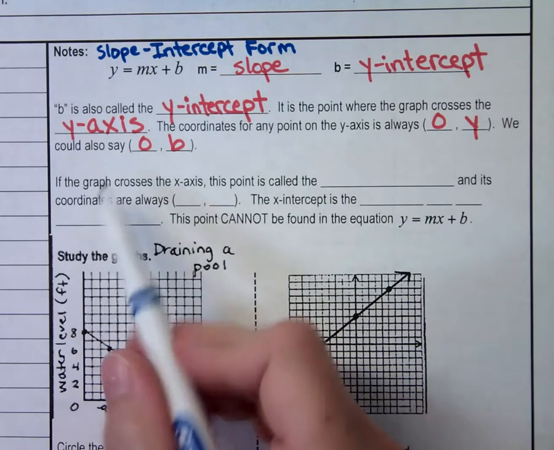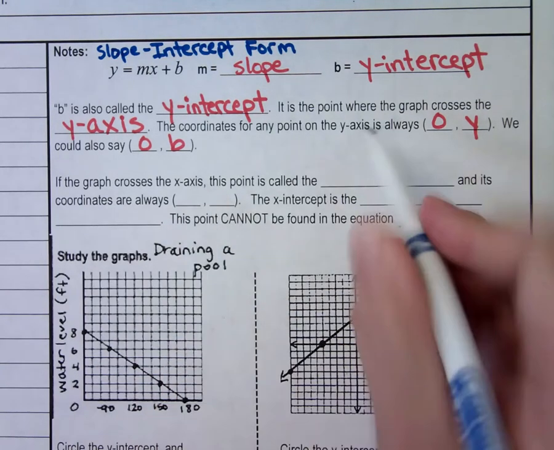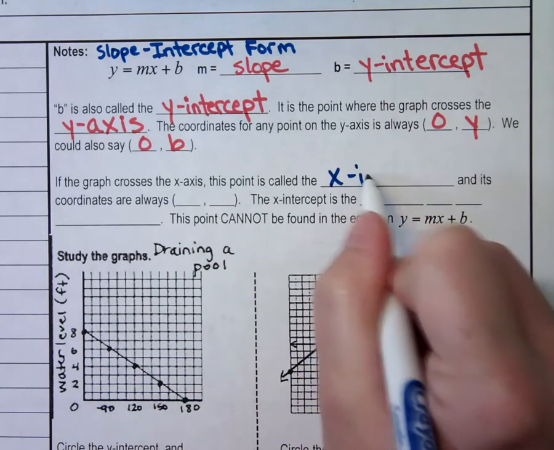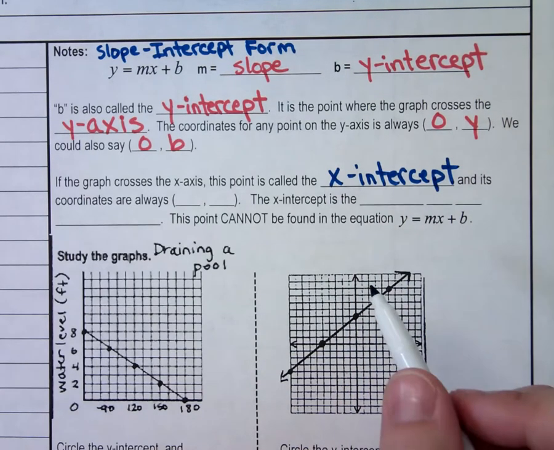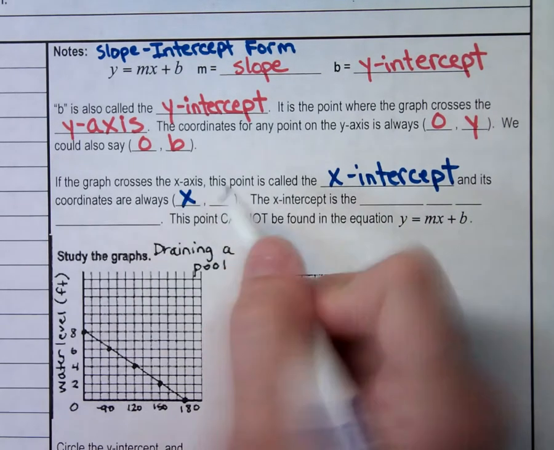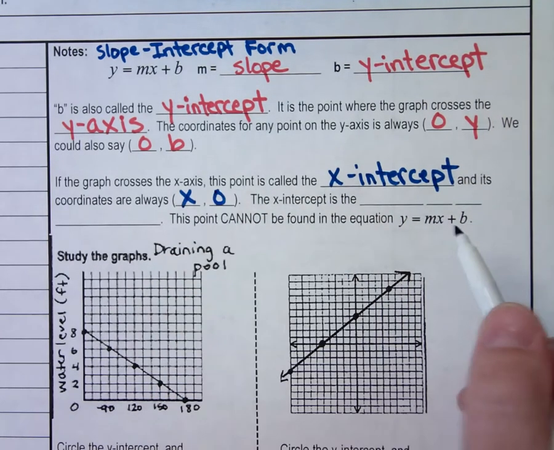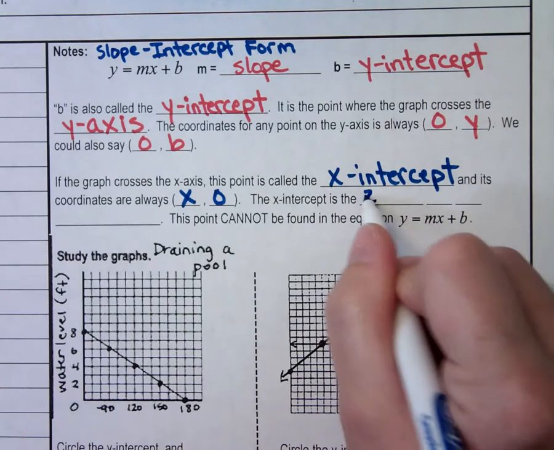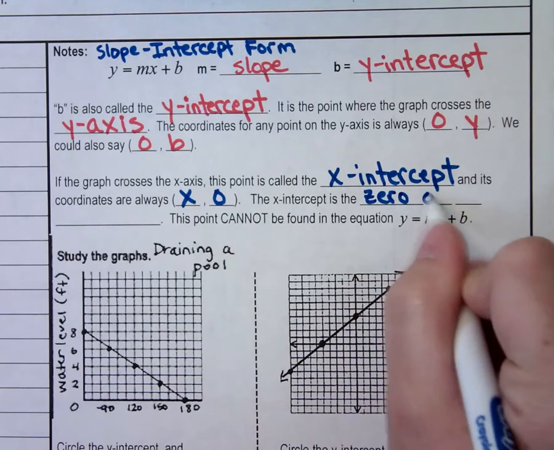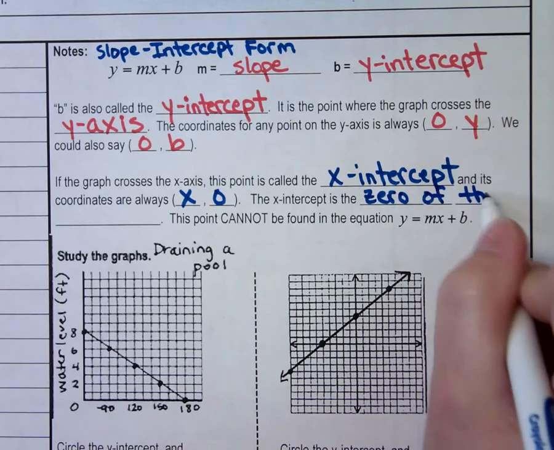Now, if the graph crosses the x-axis, the point is called the x-intercept. And its coordinates are always, whatever the x-coordinate is, 0. The x-intercept is also called the 0 of the function.